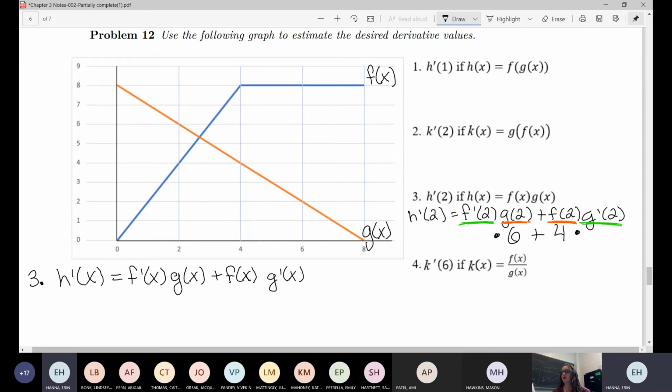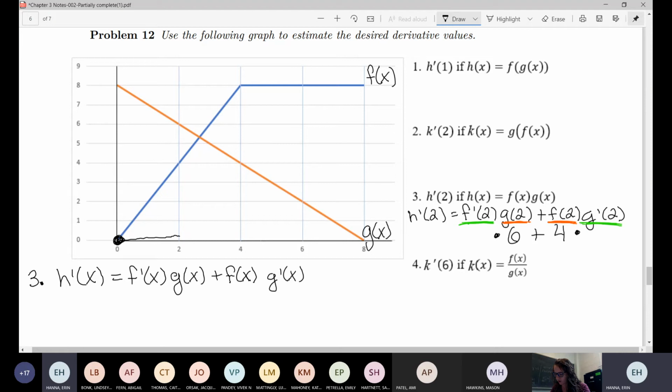Now I want to talk about the derivative. Remember, the derivative tells you slope. So essentially what this is asking for is the slope at 2, for both functions. Both of these functions are made up of straight lines, so let's find the slopes. Let's focus on f of x first, on this piece right here.